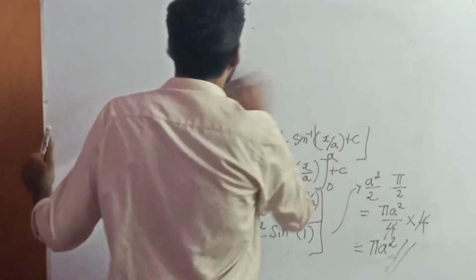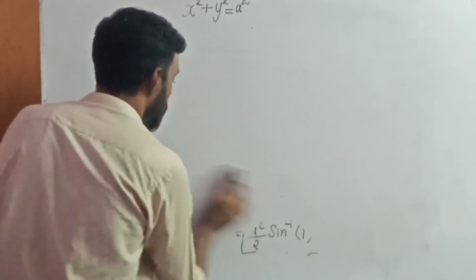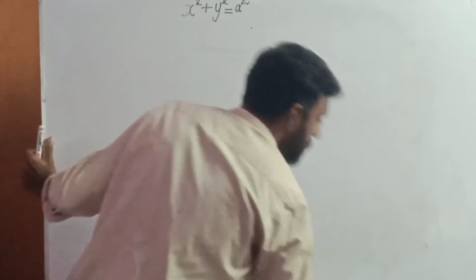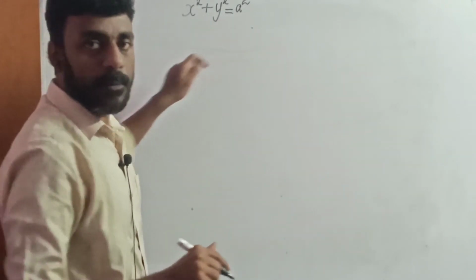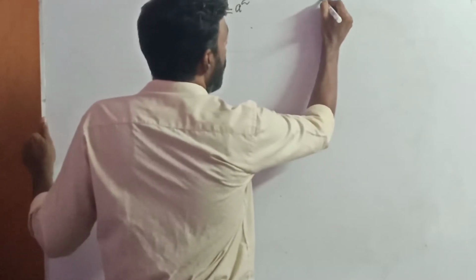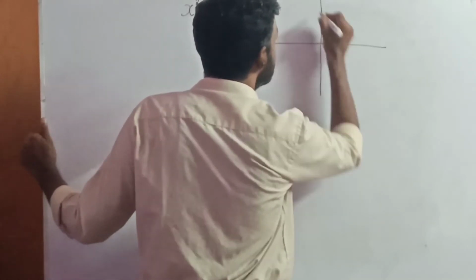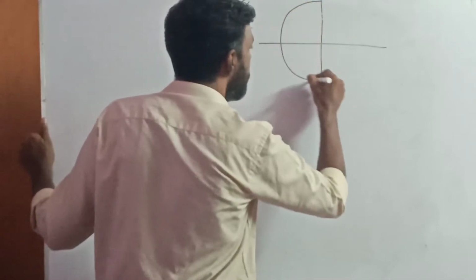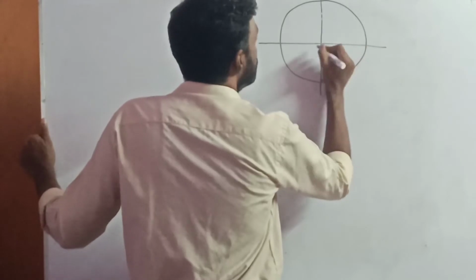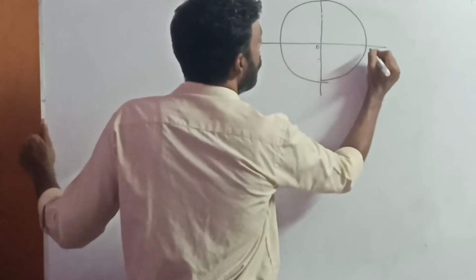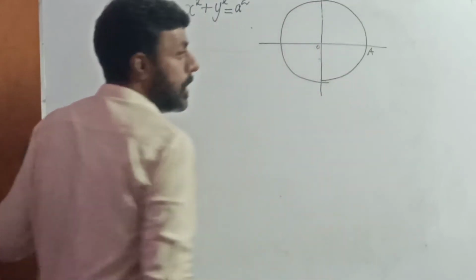Getting into case number 2, see here the circle equation is x squared plus y squared equal to a squared. Now again I'm drawing the axis over here. The circle is like this. Now this point is 0, this is A, this one is B, right?